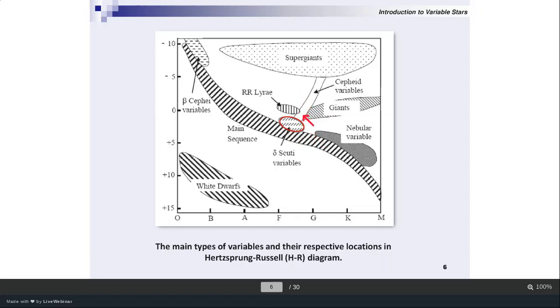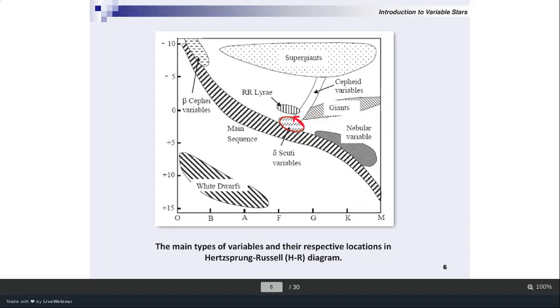Most of the stars move off the main sequence and sometimes become variable. Of course, if they become a red giant, that is a variable, because they are not going to be the same as earlier on the main sequence. So when they move off the main sequence, they start changing their brightness. So quite often they are variable.